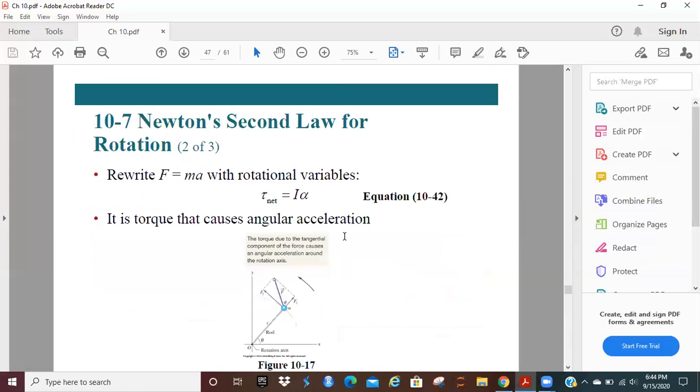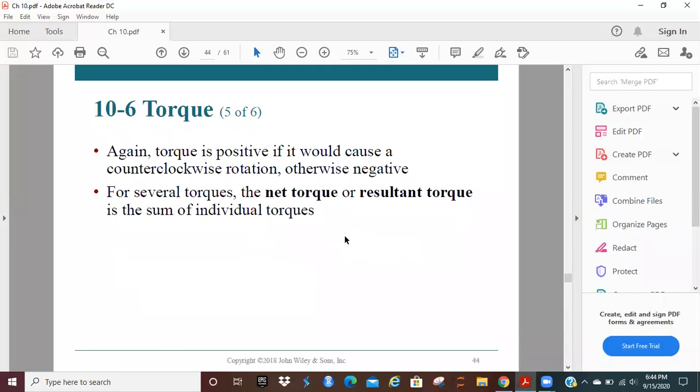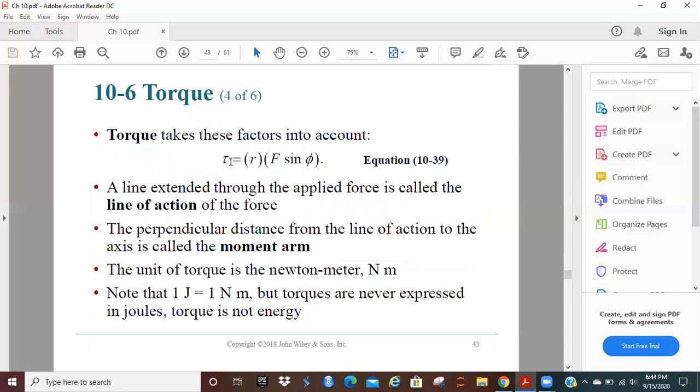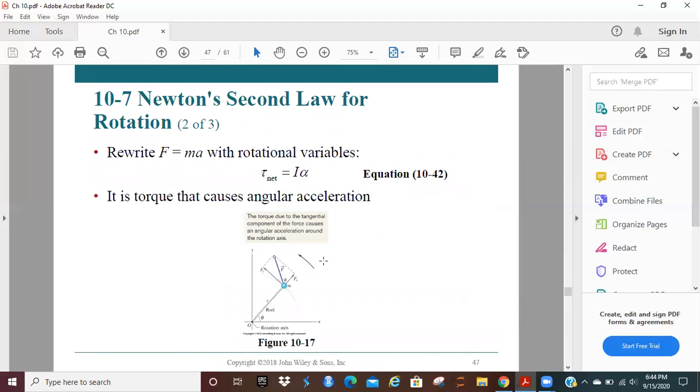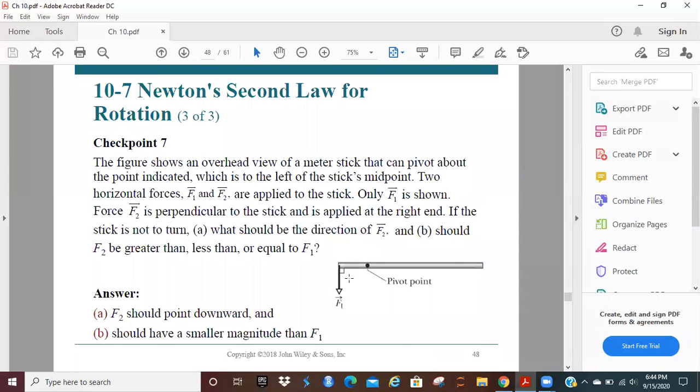Well, as we've seen previously, torque is going to be equal to the radius times F sine of theta. The sine of theta is going to be the same, since it's perpendicular here.